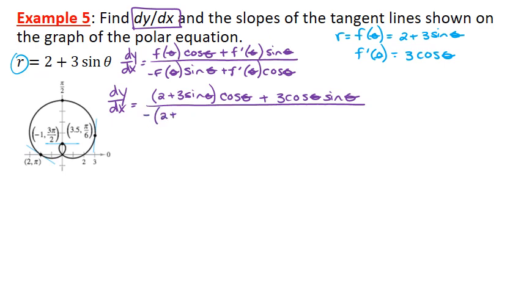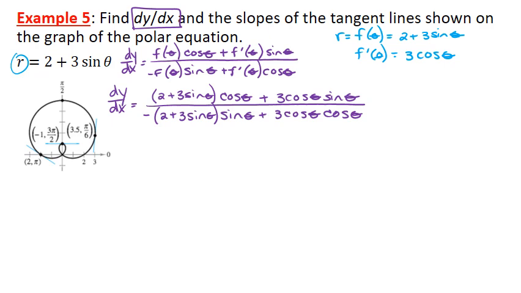So negative quantity 2 plus 3 sine of theta times sine of theta plus 3 cosine of theta times cosine of theta. Now some of these have little tricks, some don't, and some are easier to find than others. All right, so let's keep going here.